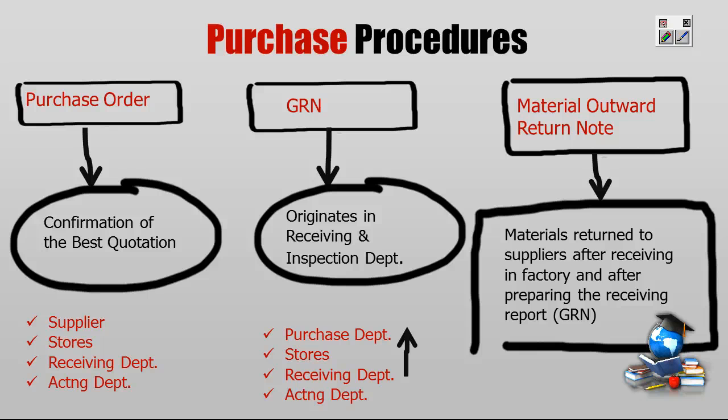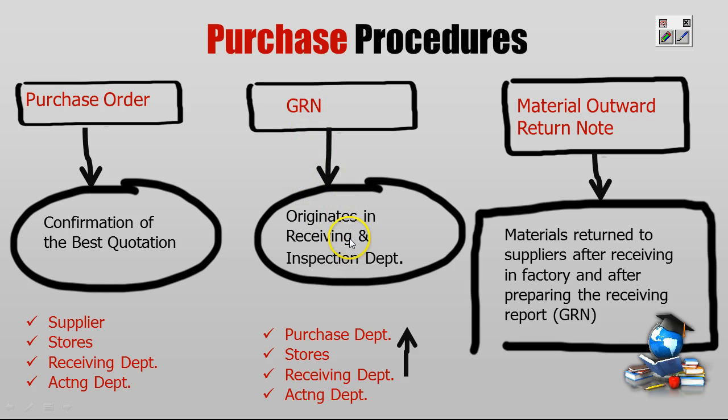Now, the next thing: once a purchase order is issued and goods are received, a goods received note will be provided. This goods received note originates in the receiving department, because only when goods are received in the godown or factory will I issue a goods received note.